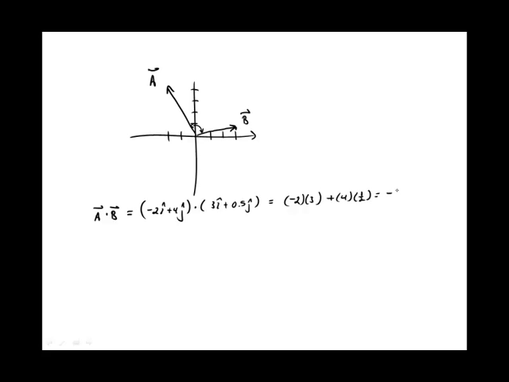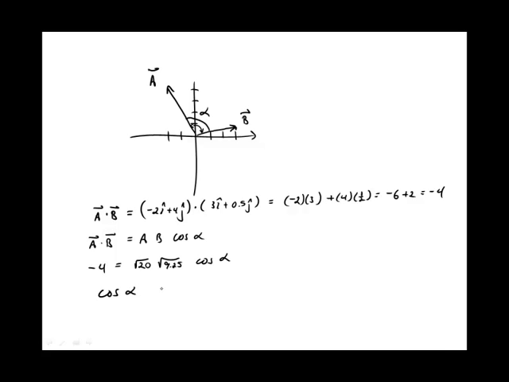And so this is minus 6 plus 2, which is negative 4. But remember also that a dot b equals a times b times the cosine of alpha, and this is alpha in here. So minus 4 equals the magnitude of a, which was the square root of 20, the magnitude of b, which was the square root of 9.25, times the cosine of alpha.